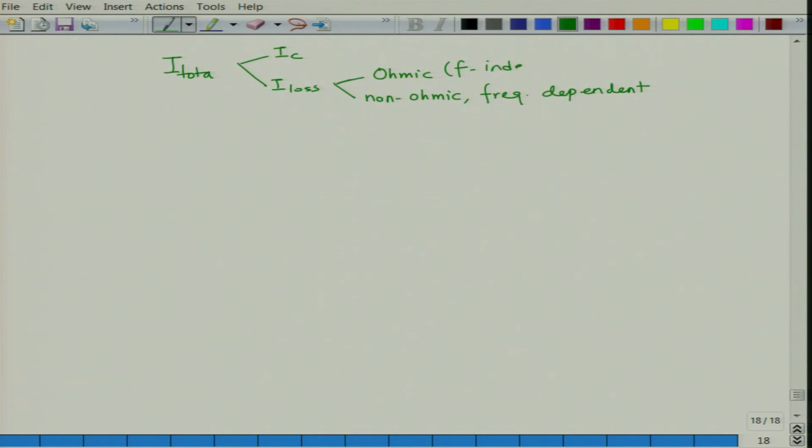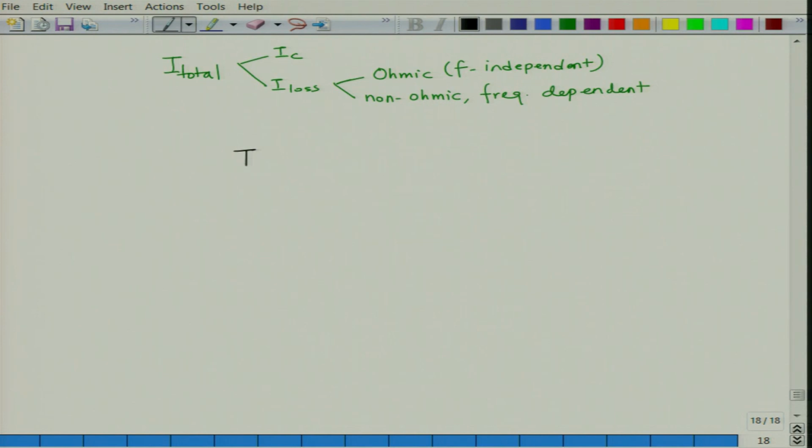So, let us say we have both the contributions. We have I total, which will have I charging and I loss. Some of this component will be ohmic and frequency independent, and some of it could be non-ohmic and frequency dependent, or time dependent.